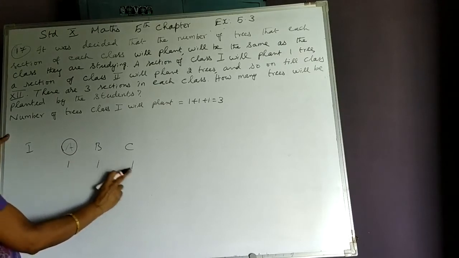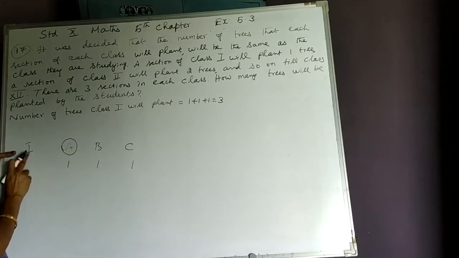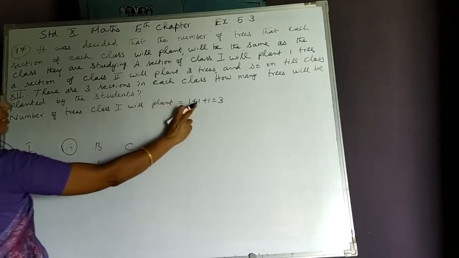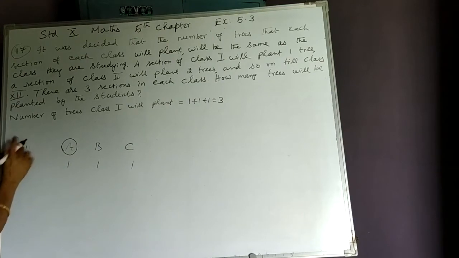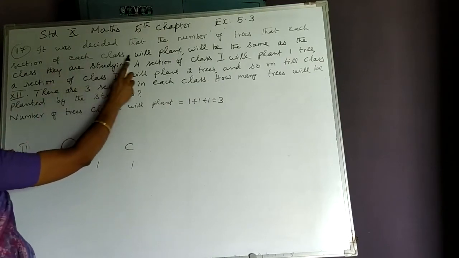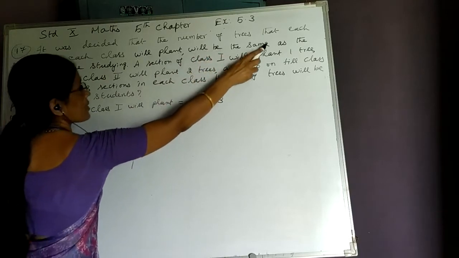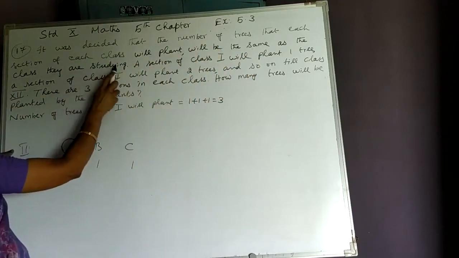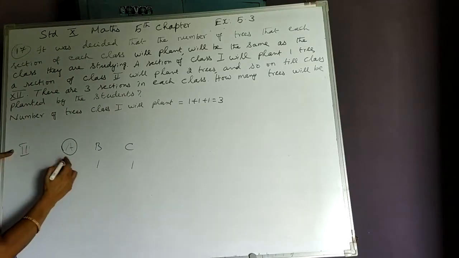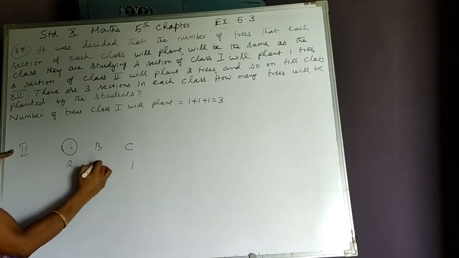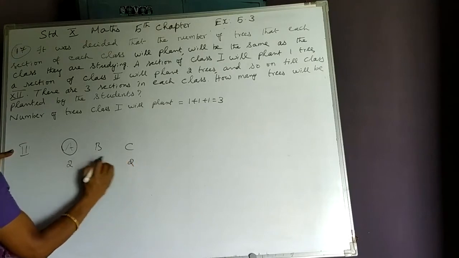So how many trees are planted by first standard? There are 3 trees. Suppose you take second standard. It is given: each class will plant the same as the class they are studying. So second standard will plant 2 trees per division.